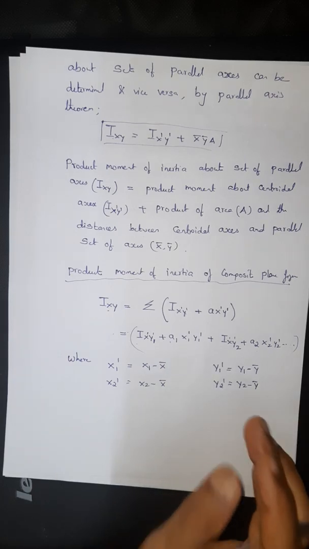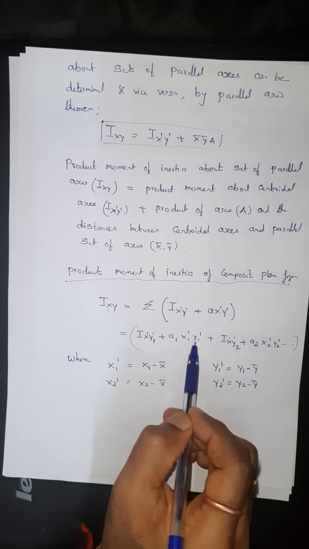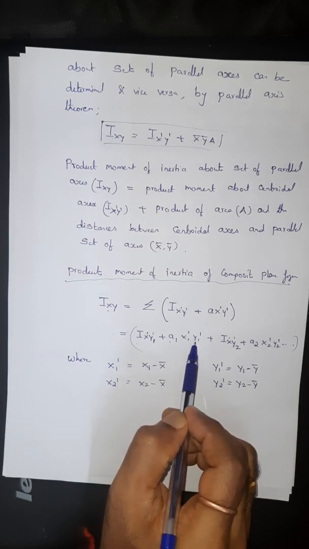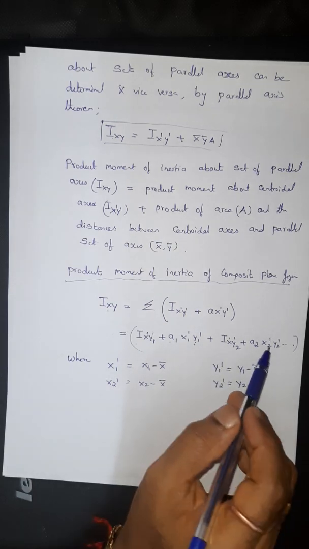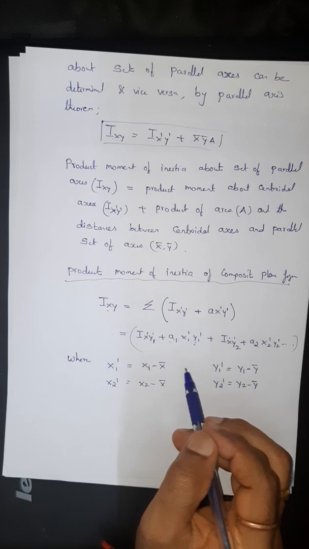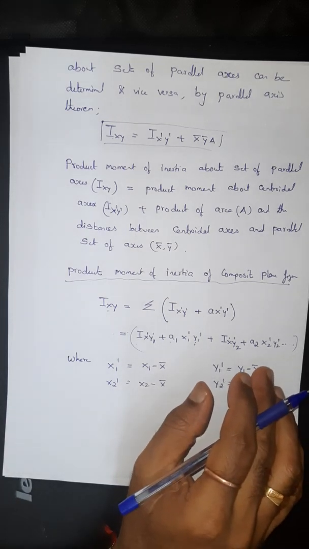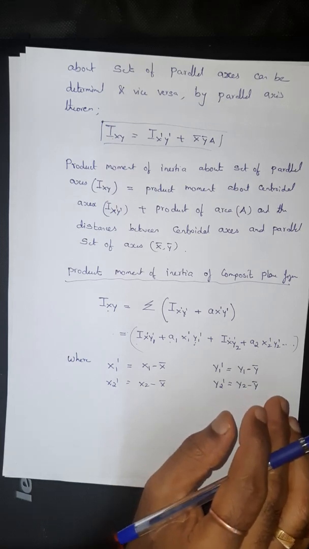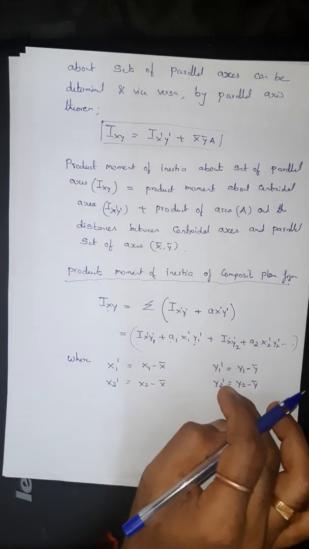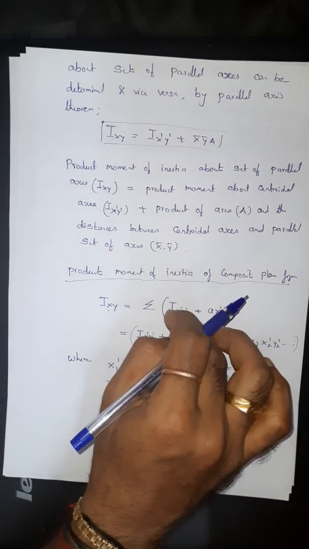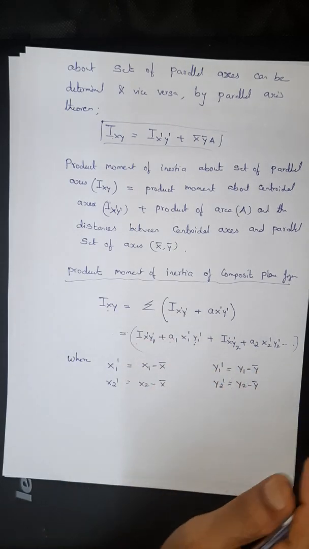So A1 and A2 are the areas of components 1 and 2, and x1 dash, x2 dash are the centroidal distances of the components with respect to the y axis, and y1 dash, y2 dash are the centroidal distances of the components with respect to the x axis, right? If you know these values, then you substitute them into this formula to get the product moment of inertia of the composite plane.